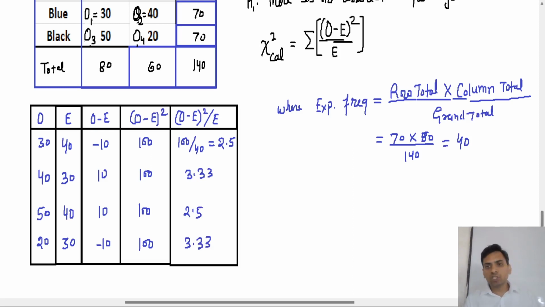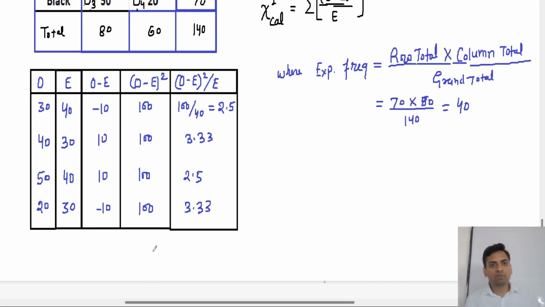So now the summation of this column is considered as chi-square calculated. The formula is summation of (observed minus expected) square divided by E. And this summation is how much? 11.66.